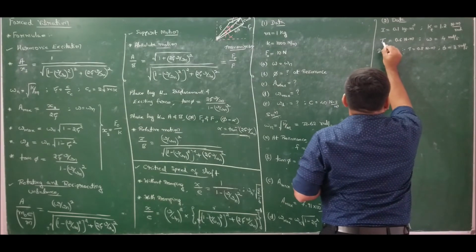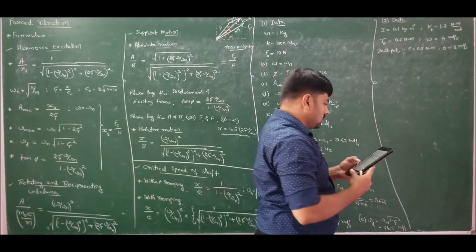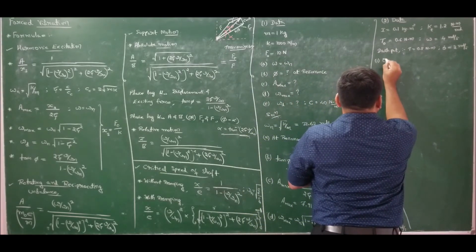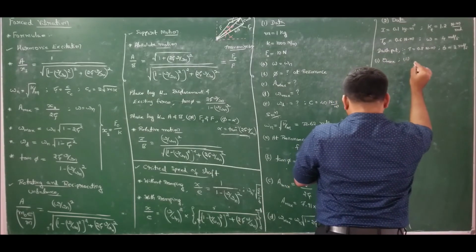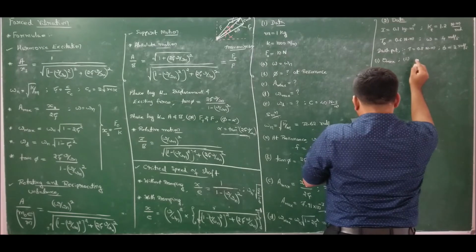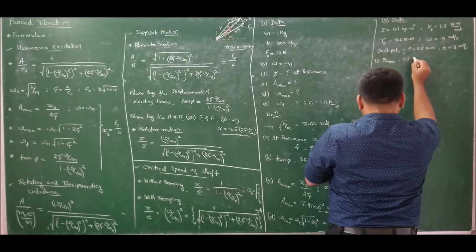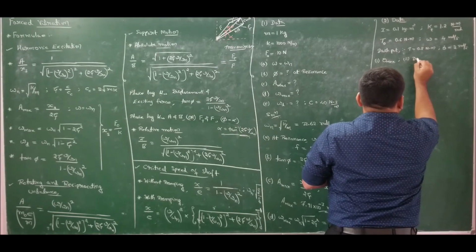So here this must be T naught, the amplitude of torque. Determine the maximum angular displacement, first one theta max. Second, the maximum couple applied to the dashpot, that is the damping force.